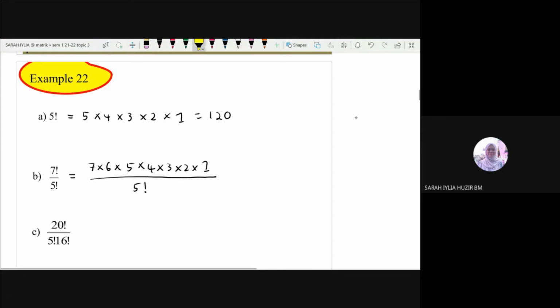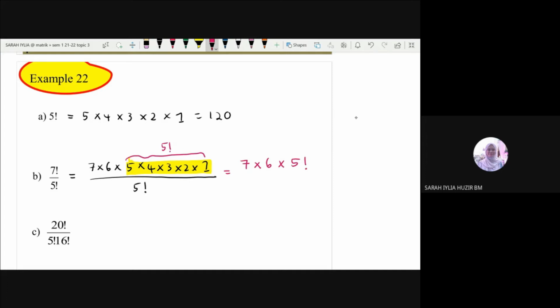Alright. So, ini cara saya buka besar-besar. Tapi kalau kita perasan kat belakang ni, 5 times 4 times 3 times 2 times 1, this is actually 5 factorial kan sebenarnya sebab saya start dengan 5, 4, 3, 2, 1. Okay. Means that kita boleh juga kalau tak nak buka satu-satu sampai 1, saya boleh rewrite this as 7 times 6 times 5 factorial.